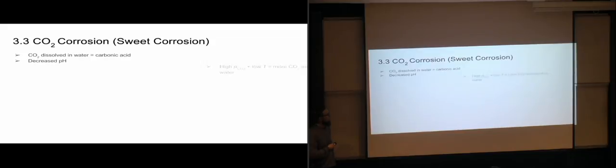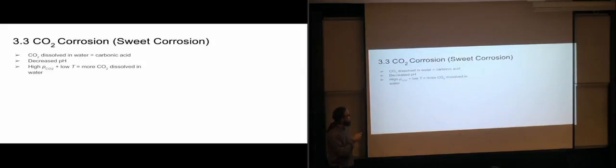So it decreases the pH, and if we get a high partial pressure of carbon dioxide and a low temperature, that means that we can dissolve even more carbon dioxide into the water. So by cooling the water down and increasing the pressure, we can get more in.